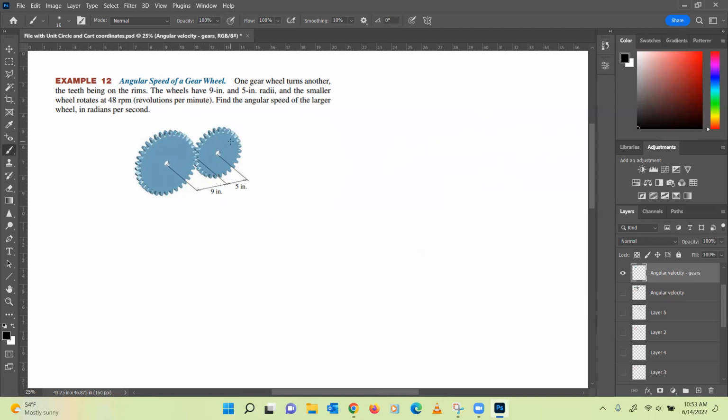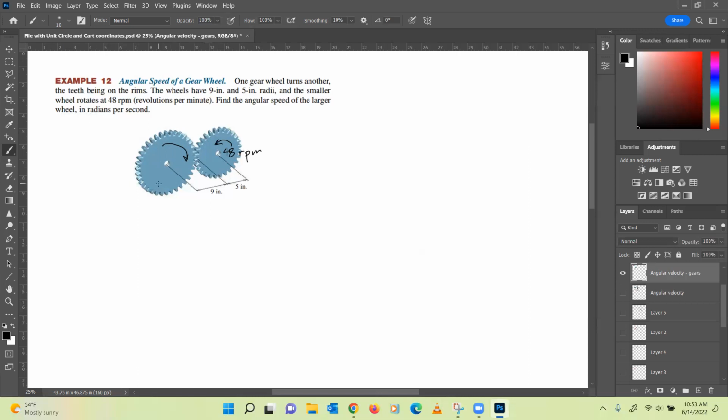So we've got this small one rotating around at 48 RPMs. Notice if that one's rotating that way, this one must rotate this way, otherwise the teeth will grind. We don't like that too much.